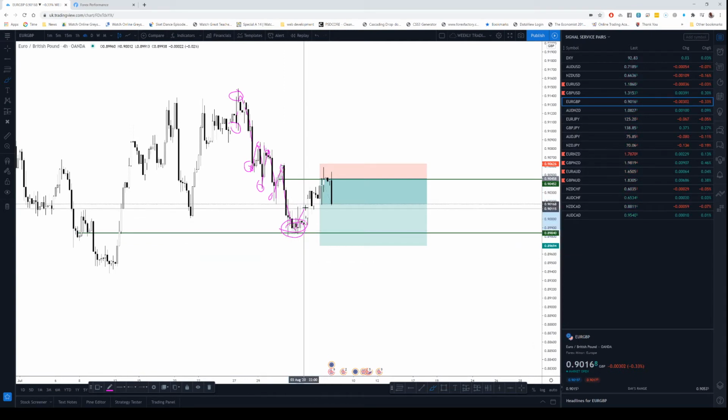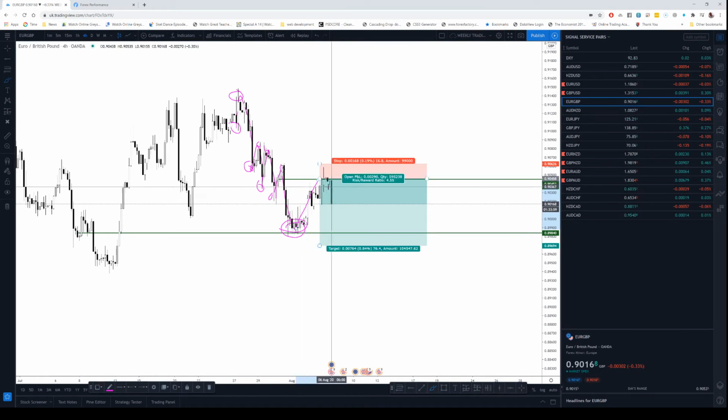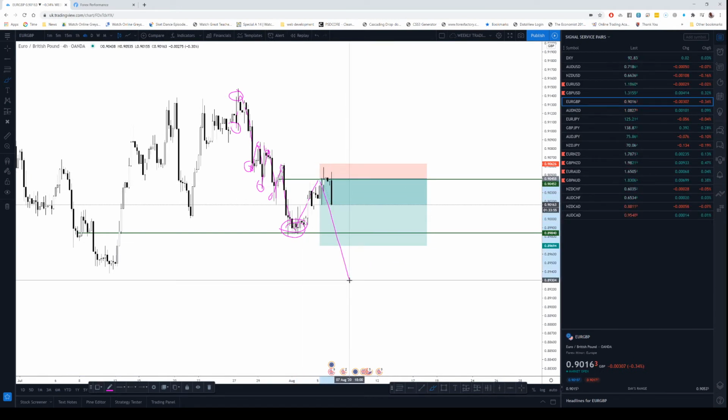So if you do go up, you are looking for a sell for a continuation to the downside. Why? Because the market is making lower lows on this time frame. So your highest probability is going to be to look for a retracement and a sell.